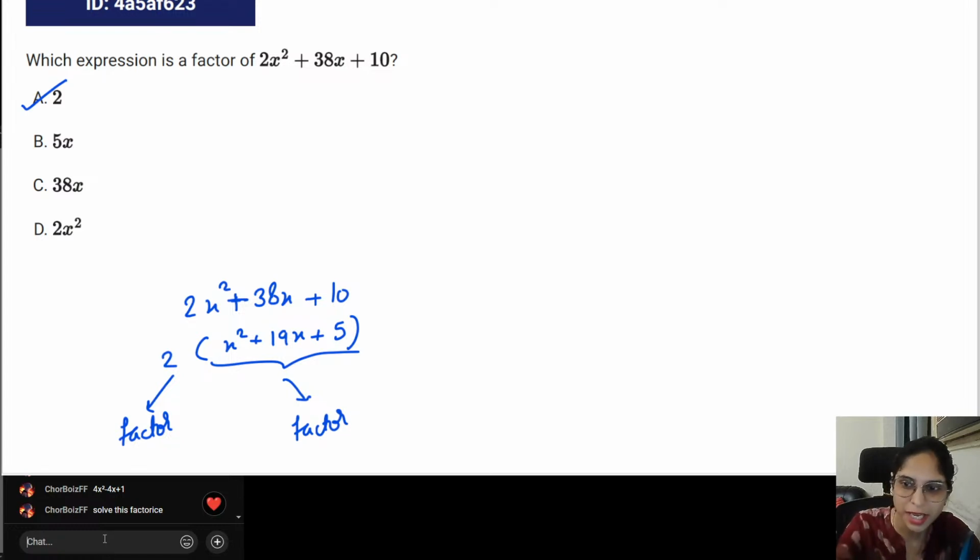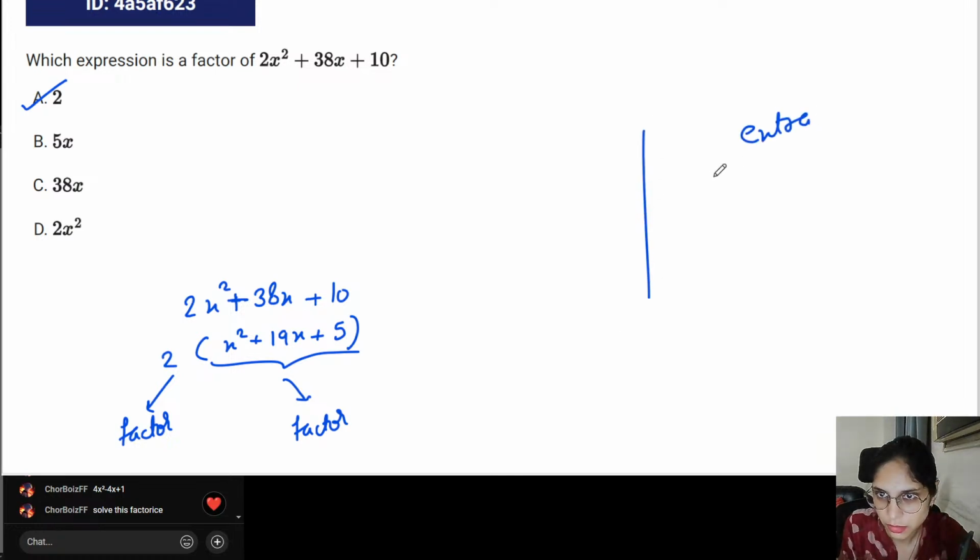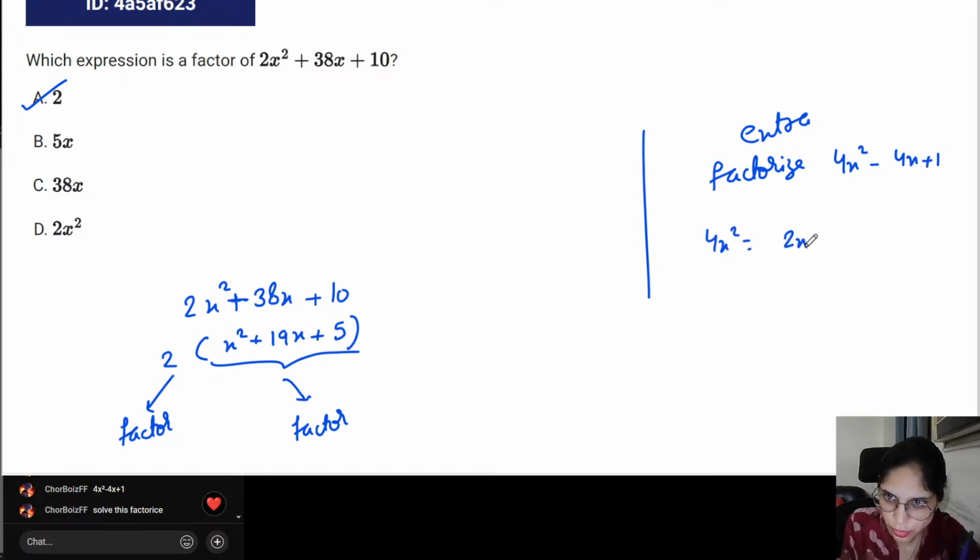It's simple. It's a squared minus 2ab plus b squared. You don't even have to solve it. Okay, I will just do it. So this is extra. Factorize 4x squared minus 4x plus 1. 4x squared you can write as 2x whole squared. The third term 1 you can write as 1 squared.